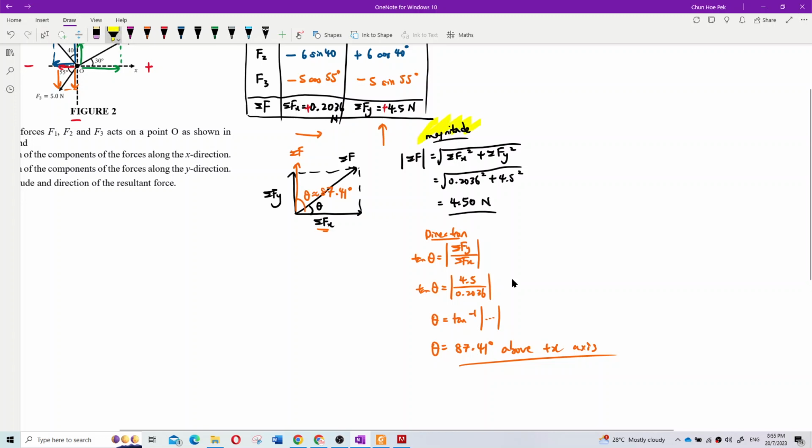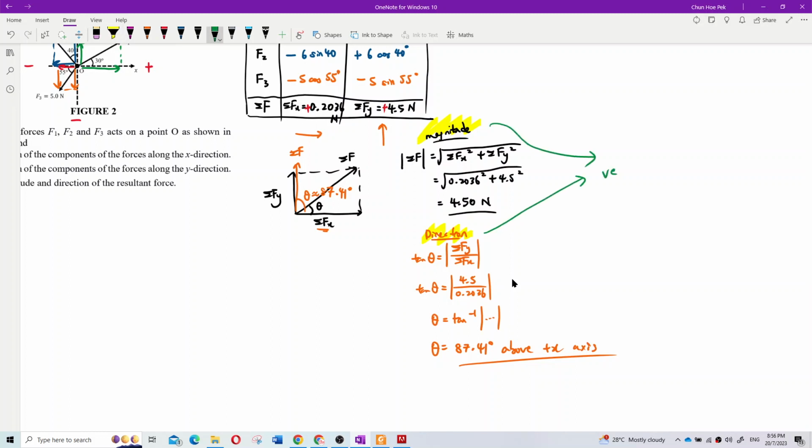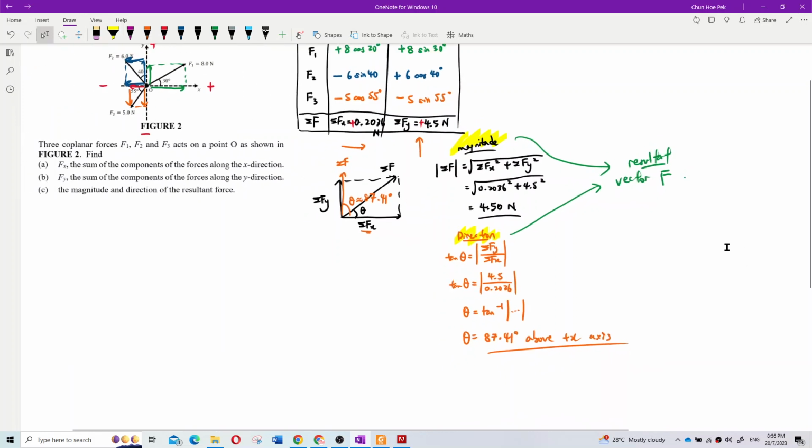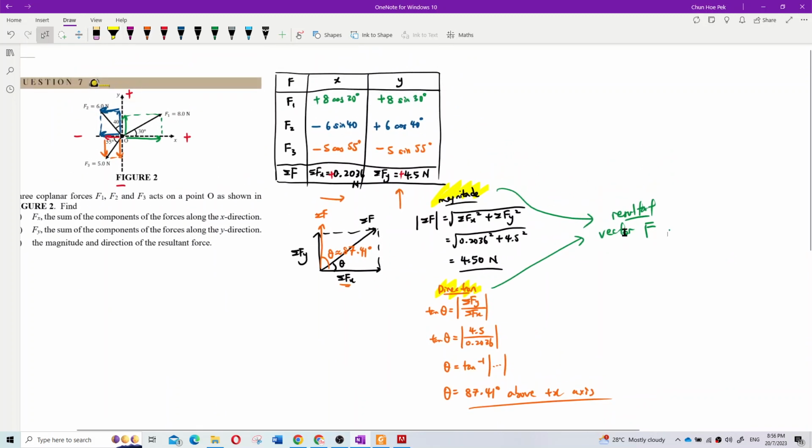So these two, magnitude and direction, complete. We got the resultant vector F, resultant force vector. Understand? We complete to get a vector. Vector must have magnitude and direction.